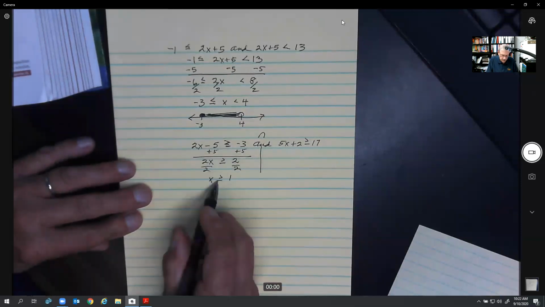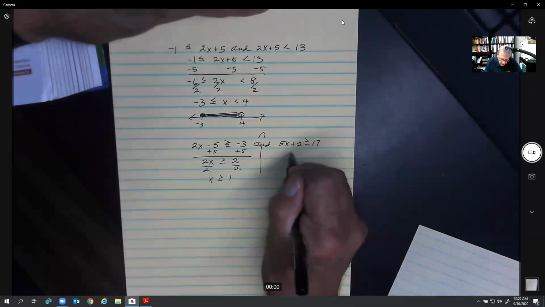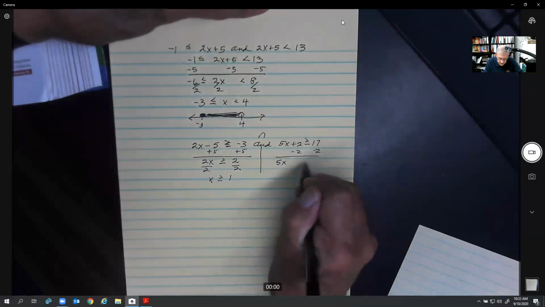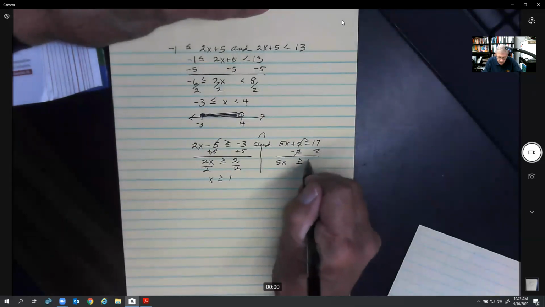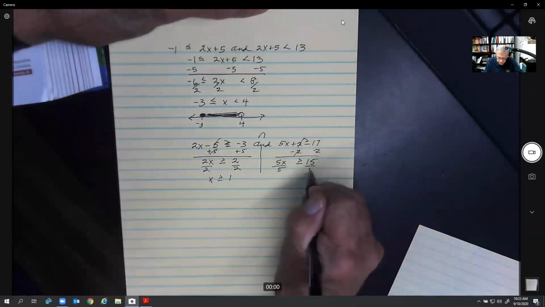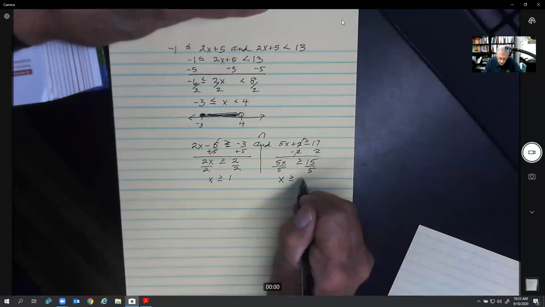I don't have to switch it because I'm dividing by a positive number. How about over here? I'm going to subtract 2 from both sides. 5x is, these canceled, greater than or equal to 15, and I'm going to divide both sides by 5. x is greater than or equal to 3.